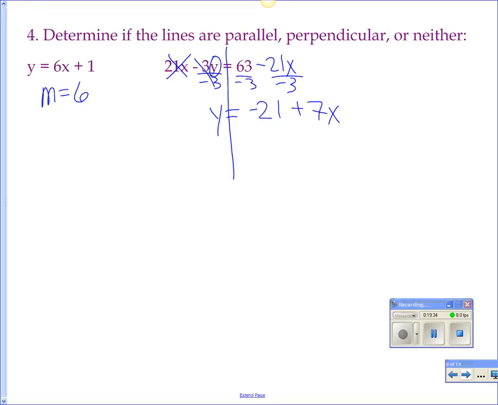Good. Monica, what's my M on that one? Very good. All right, Dylan. Are they parallel? Are they perpendicular? Nope. So the answer to this one is neither.